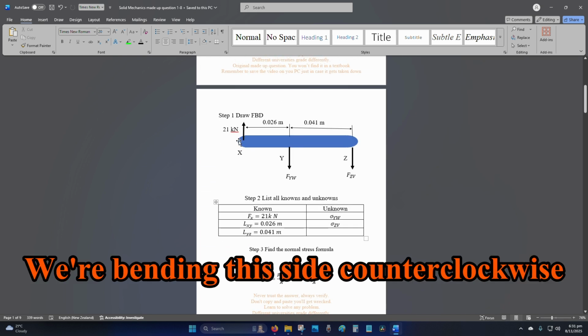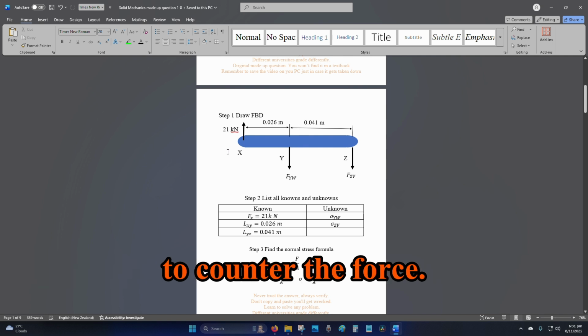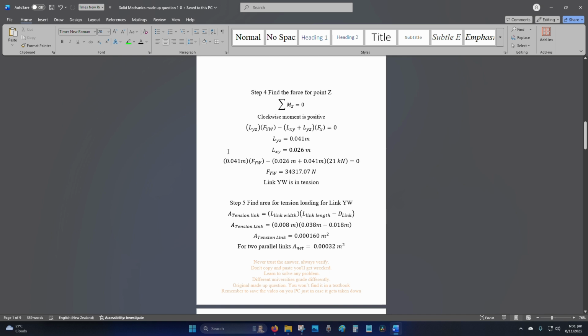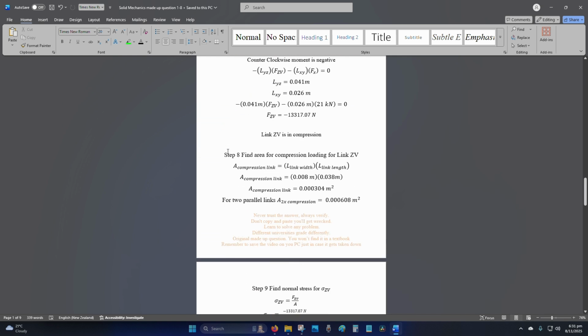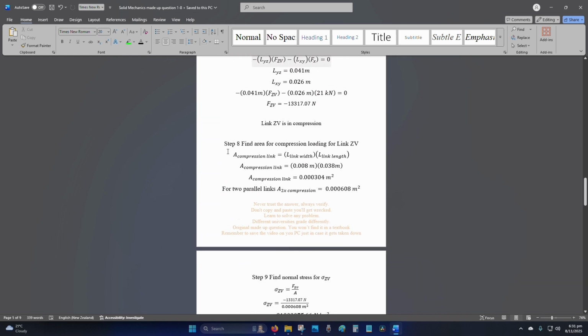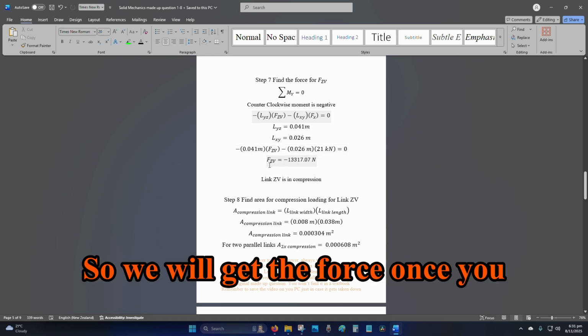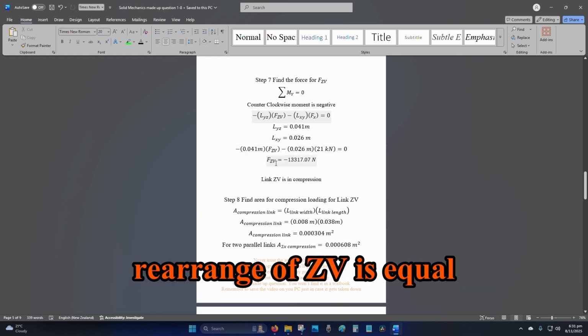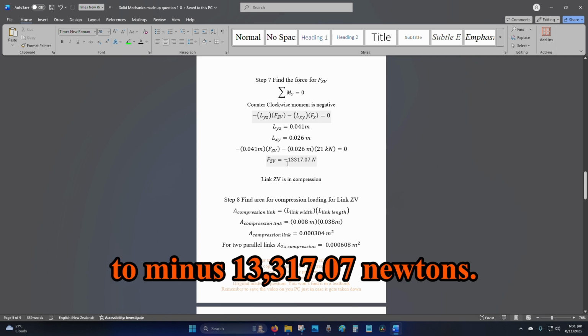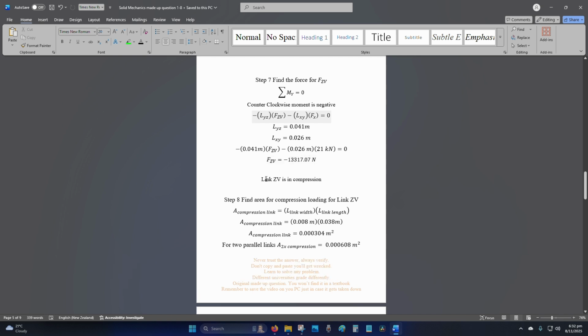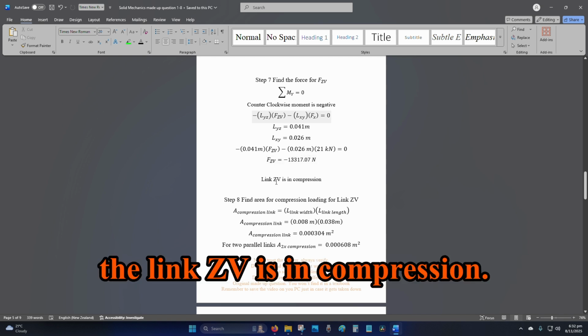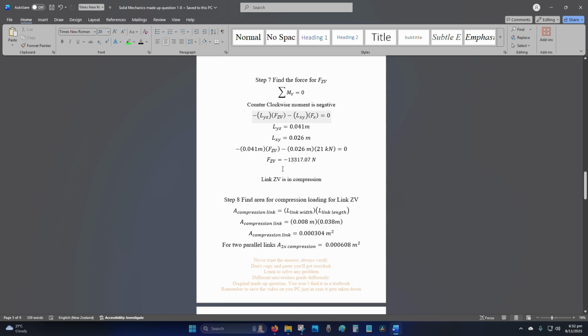We're bending this side counterclockwise to counter the force. So we will get the force, once you rearrange, of ZV is equal to minus 13,317.07 newtons. Since the force is negative, the link ZV is in compression.